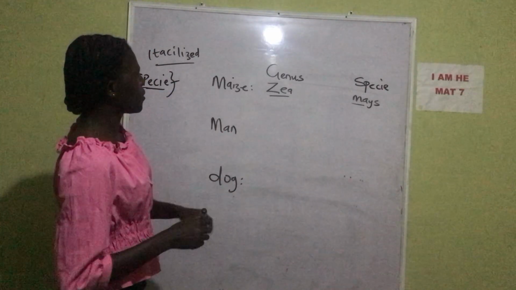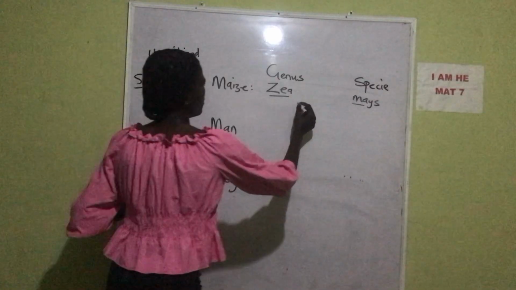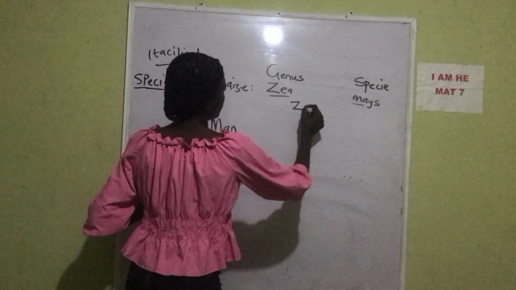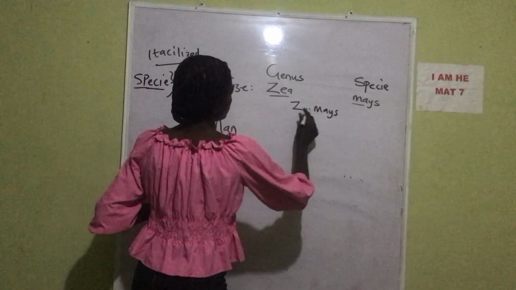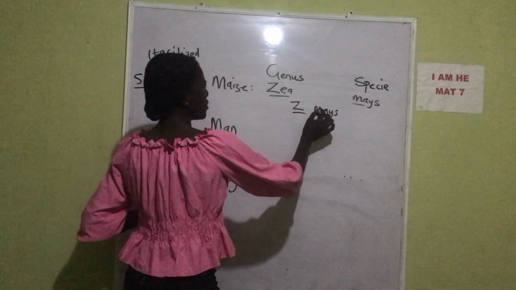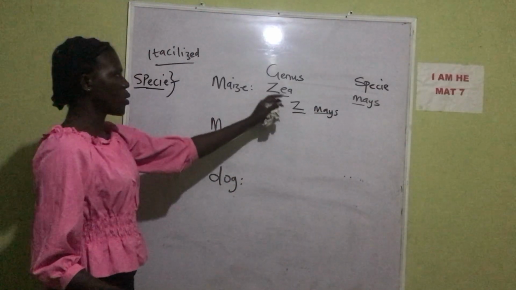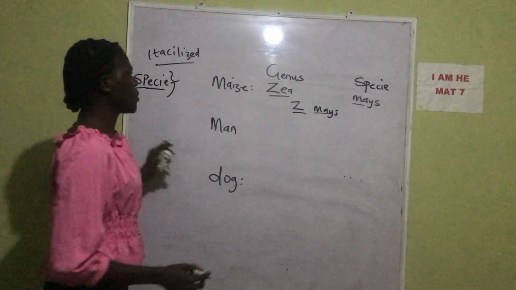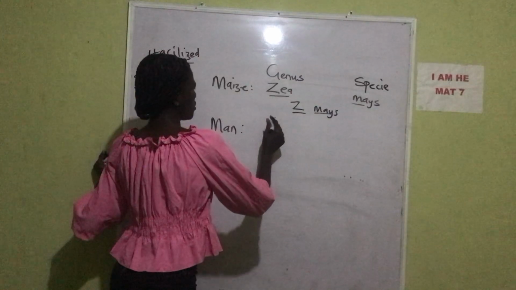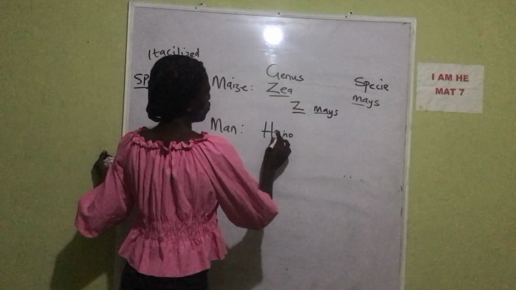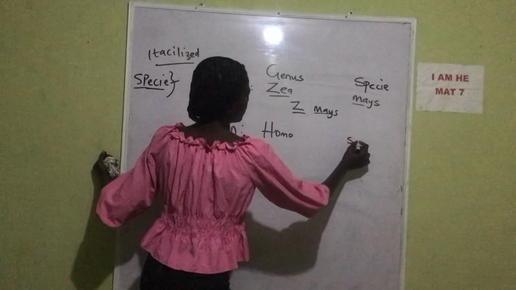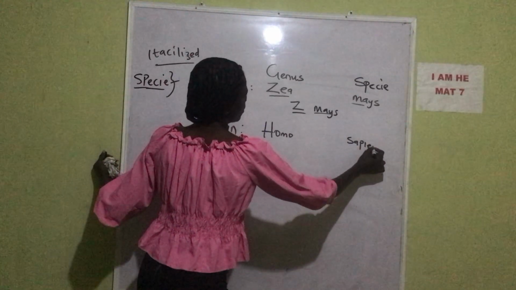So see what I've done so far. I can also abbreviate it: Z. mays. It can be written this way or this way. For man, that's Homo sapiens.